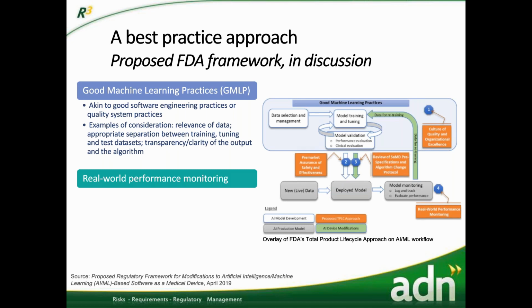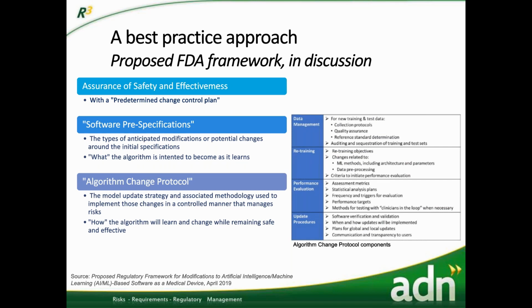They have also introduced an interesting thing they call the predetermined change control plan. For the submission of this AI-based and machine learning software as a medical device, they ask the manufacturer to be able to spot in advance, while submitting their devices, if they can predict what the algorithm is intended to become as it learns.